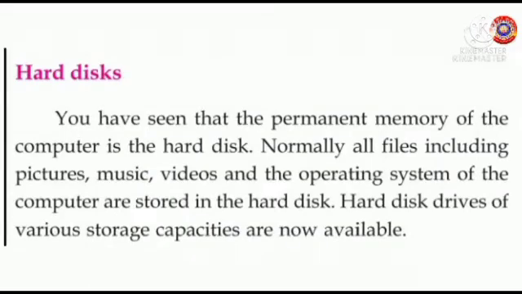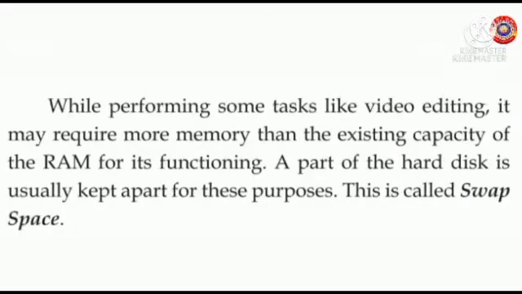Now, you have seen that the permanent memory of the computer is the hard disk. Normally, all files including pictures, music, video and operating system of the computer are stored in the hard disk. Hard disk drives of various storage capacities are now available. While performing some tasks like video editing, it may require more memory than the existing capacity of the RAM for its functioning.